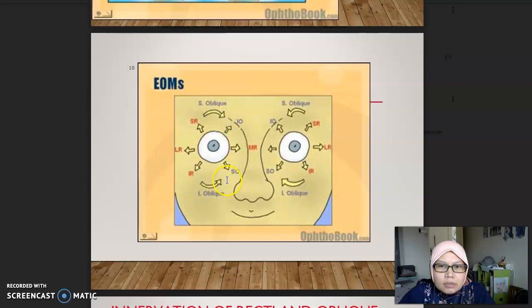This is the inferior oblique. Okay, this one is alright. So you will probably see this extraocular eye movement in another lecture. But because it's also a part of neuro-ophthalmology, I'm just going to include it here also.